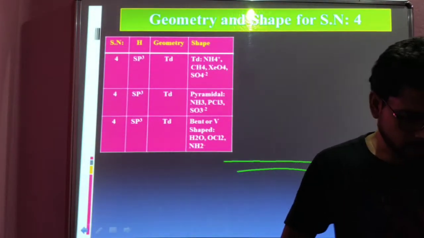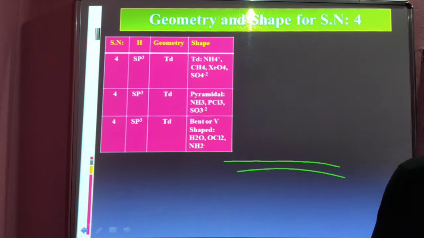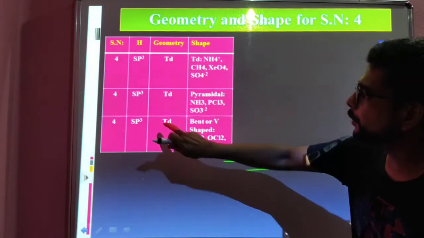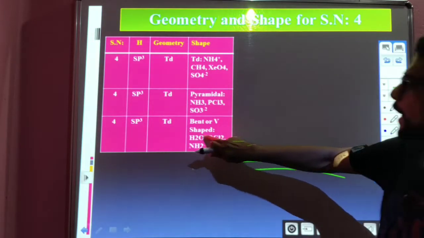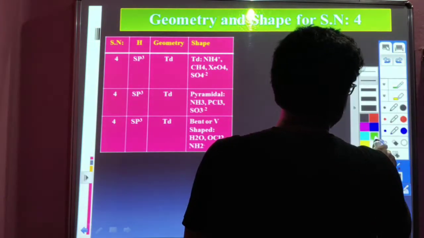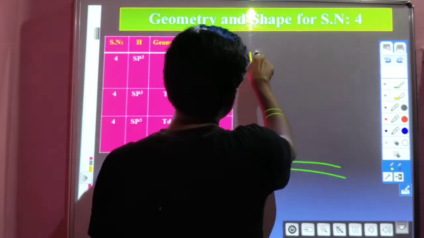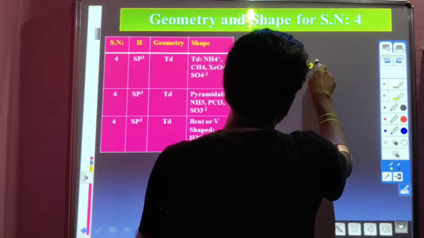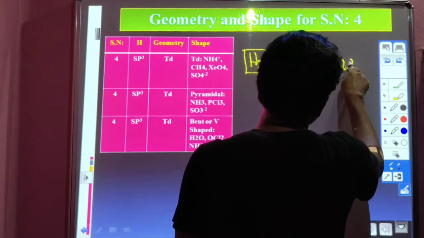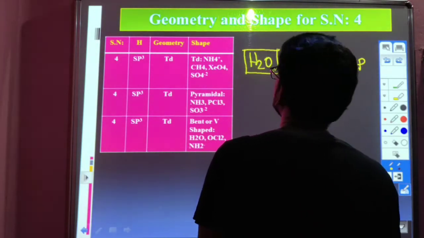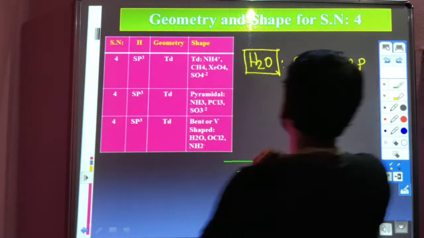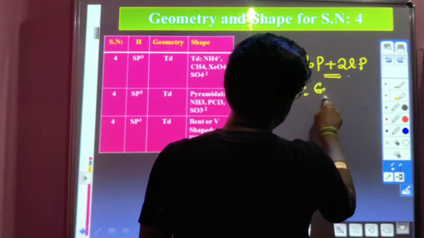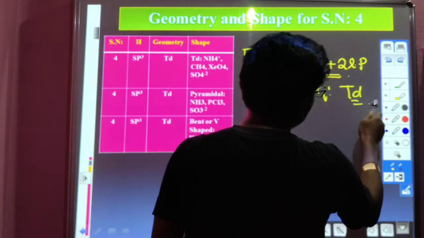Okay. Now next move to this one. H2O. See, in case of H2O, 2 BP plus 2 lone P. So steric number 4, geometry tetrahedral.